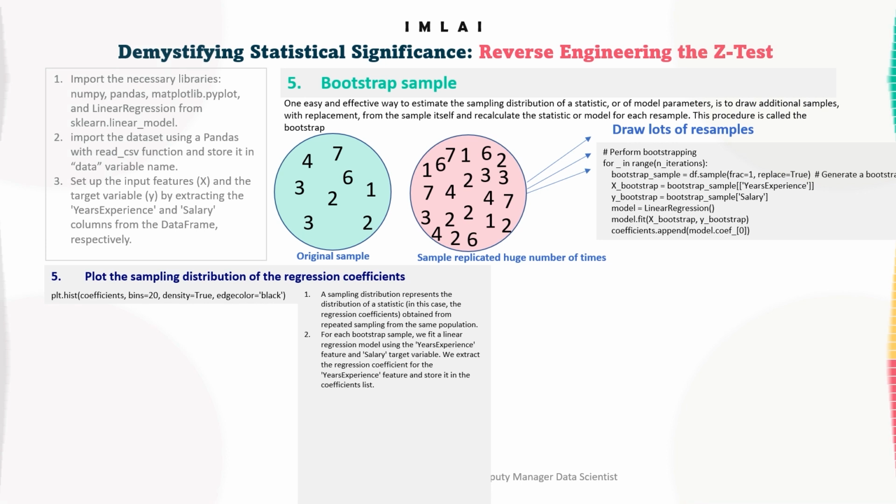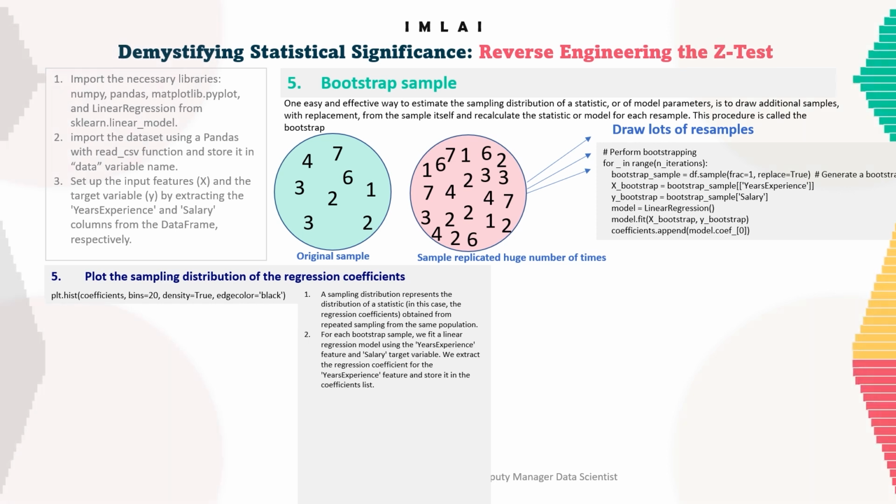After fitting the linear regression model for each sample, with years experience as the feature and salary as the target variable, we extract the regression coefficient for the years experience feature and store it in the coefficients list.